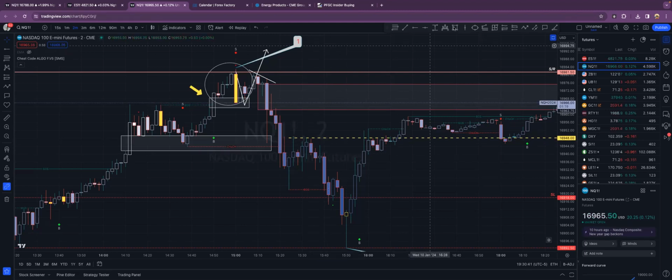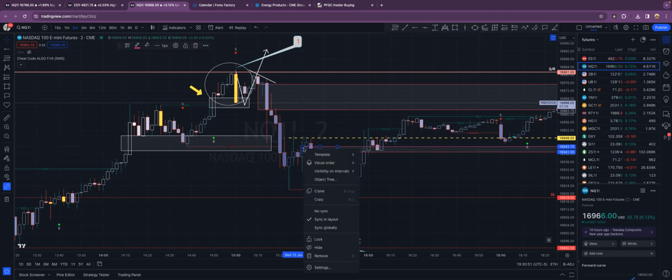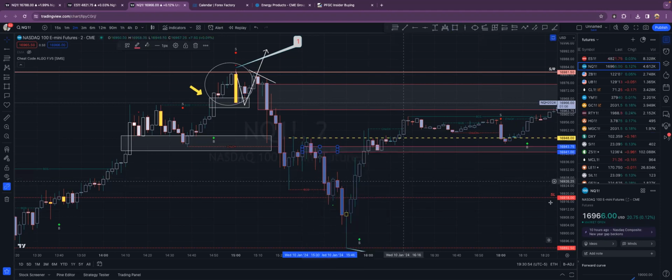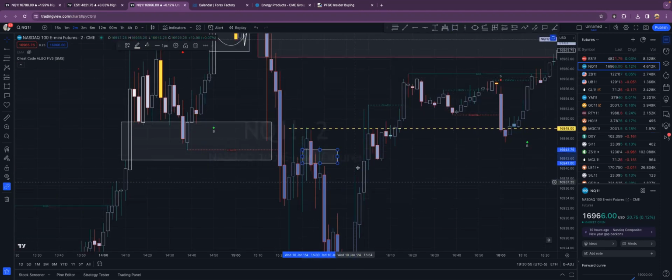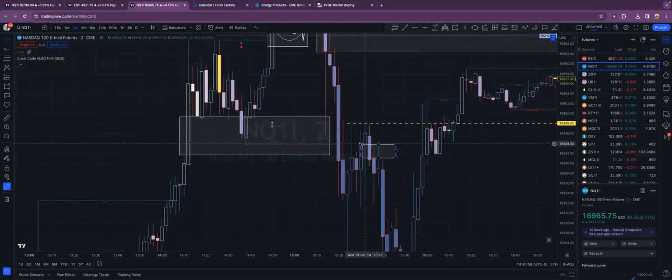All right, because here's the whole kit and caboodle here. This is your trouble. Okay, so let's zoom in. I'll show you. See, price wasn't properly balanced.